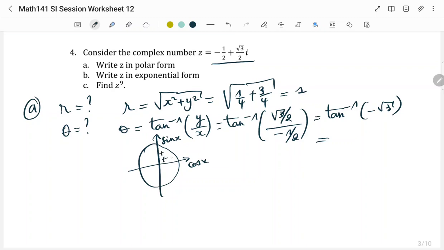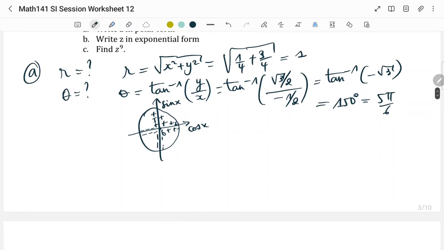The first quadrant, all values are positive. This is the center. And the second quadrant, sine is positive, but cosine is negative. Third quadrant, sine is negative and cosine is negative. Fourth quadrant, sine is negative, cosine is positive. So our angle has to be in the second quadrant again, and if you figure it out, you'll see that the angle is just 150 degrees or 5 pi over 6 radians.